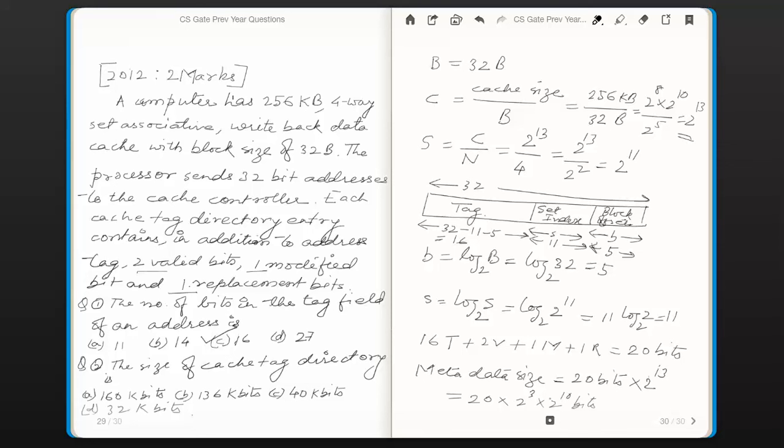So 2 to the power 10 bits is 1 kilobit, and the rest would give the numeric value. 20 into 2 to the power 3 is 20 into 8, that is 160. So 160 kilobits would be the answer. So the correct answer here is option A.